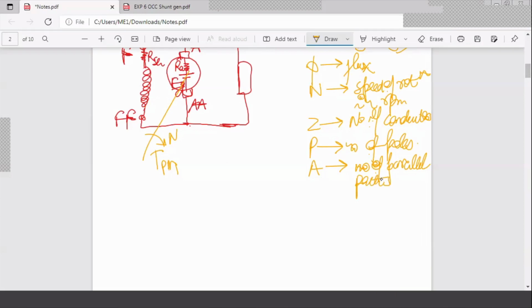Depending upon the type of winding which you are going to use, there are two types of windings. We don't have to study that, but I'm just telling you that A is the number of parallel paths.